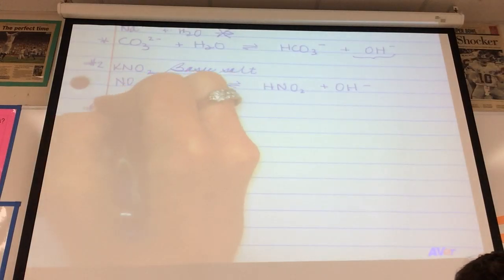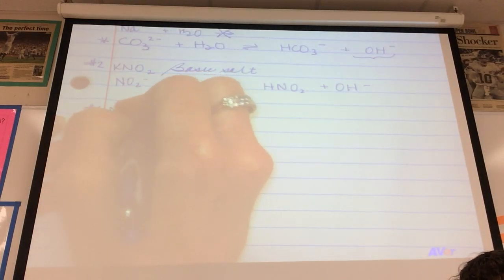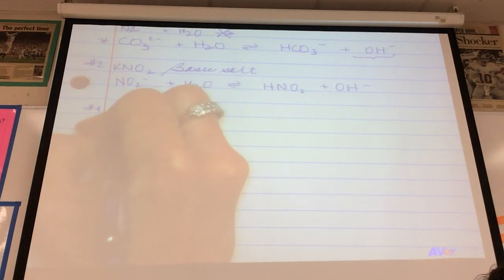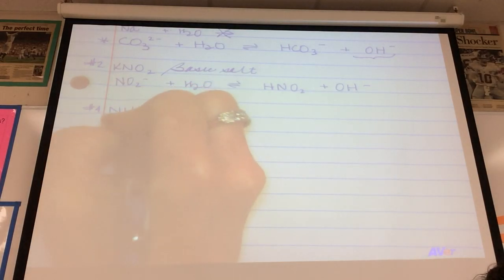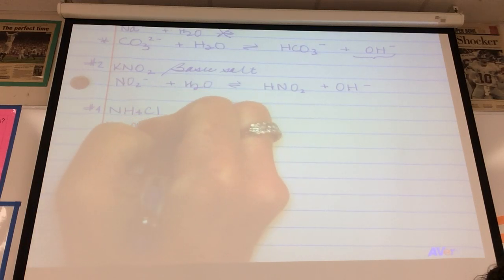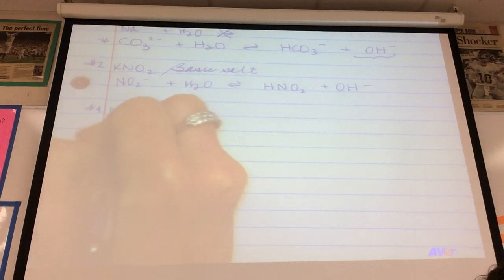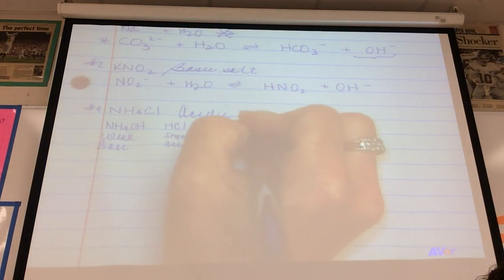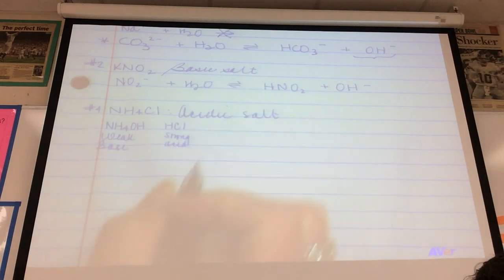So if you have ammonium chloride, again, the base would be ammonium hydroxide. That's a weak base. The acid would be hydrochloric acid. That's strong. Hence the acidic salt. But write a hydrolysis reaction for me. What are you going to react with water? And what are you going to get?